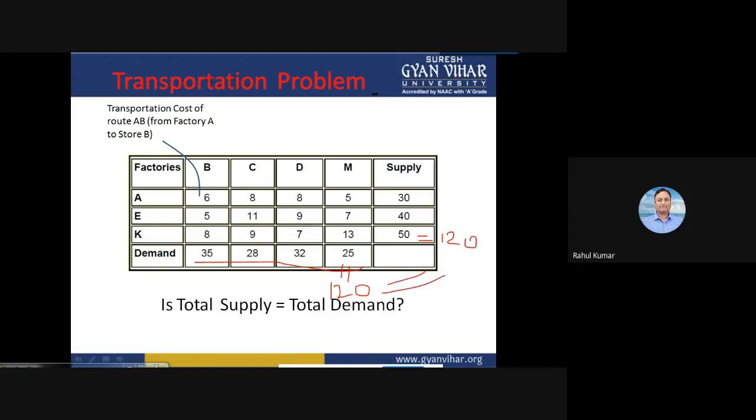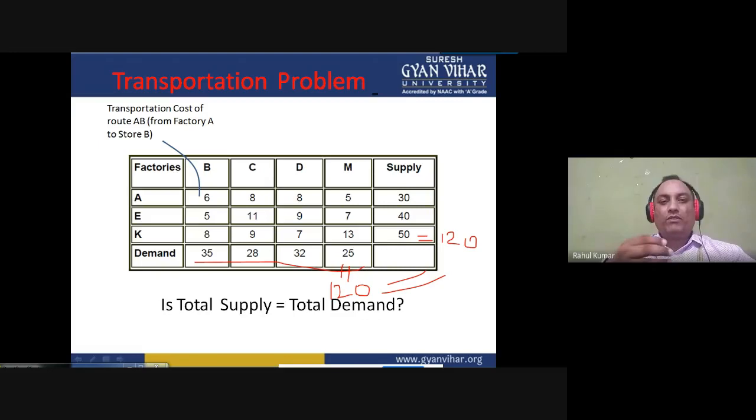So here supply is equal to demand. This type of problem is related to balanced or unbalanced. So this is a balanced transportation problem.